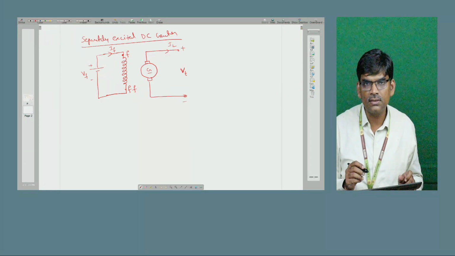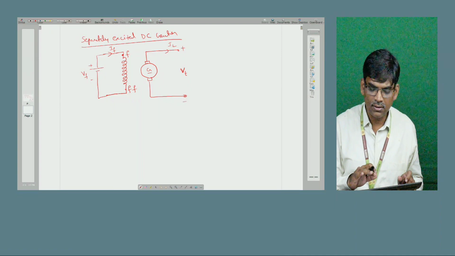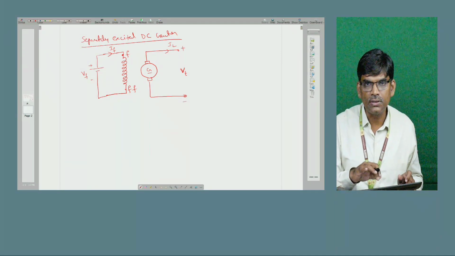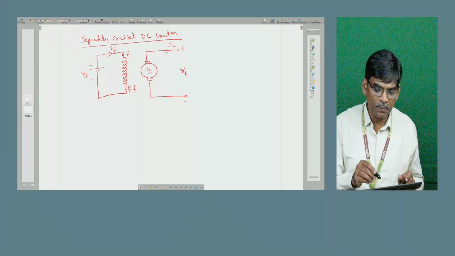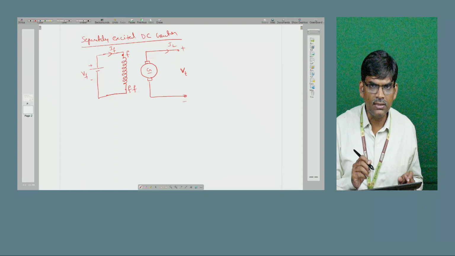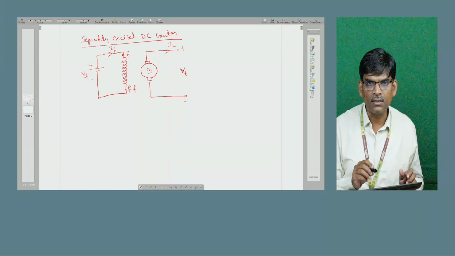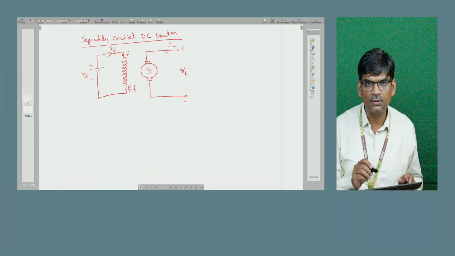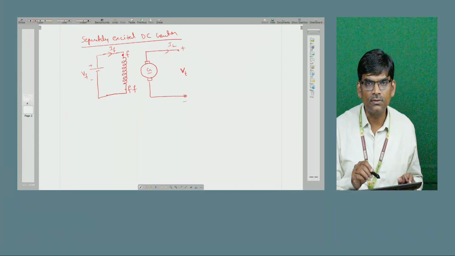To analyze the system, first of all all the components of this generator are converted to their equivalent circuit parameters. A winding is nothing but an inductor, but in DC, when the inductor is excited, in steady state it acts as a short circuit, so its inductive effect is equal to 0.